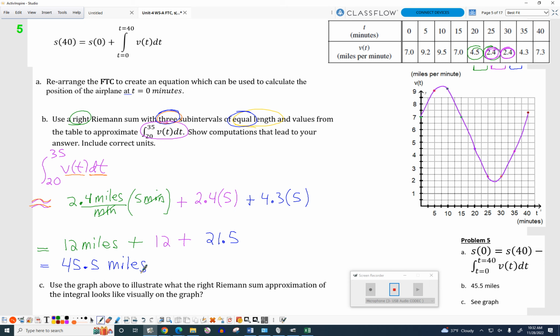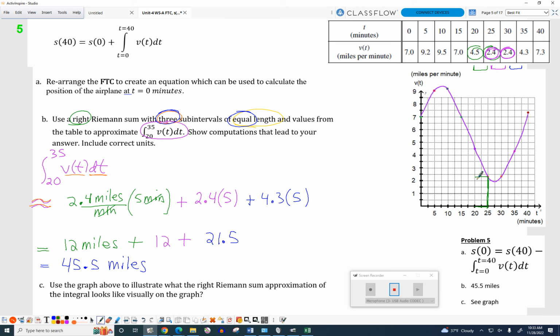Cool. Item C says use the graph to illustrate, so that's easy. Just come over here and say, well, let's see, the first 5 minutes, that's from 20 to 25. So there's my time period. In that period, I'm looking at the rightmost velocity, which means I'm looking at that height there.